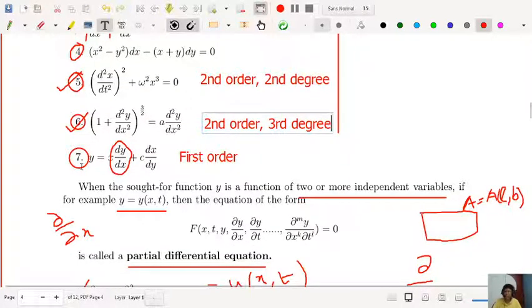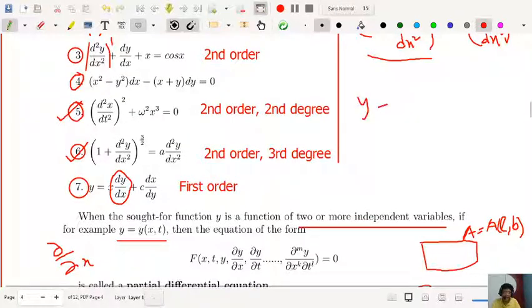And what is the degree of the seventh? You have to arrange the seventh also, because you have dy dx and here you have dx dy. Let me write that. I am writing y equal to x dy dx, and you can write dx dy as 1 by dy dx. If you simplify, you will get dy dx whole square plus c and y into dy dx.